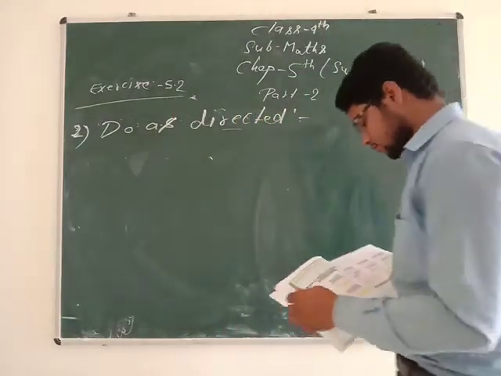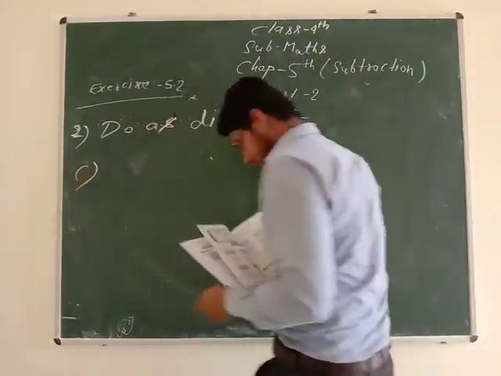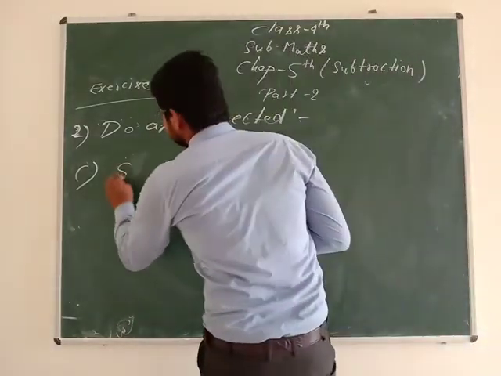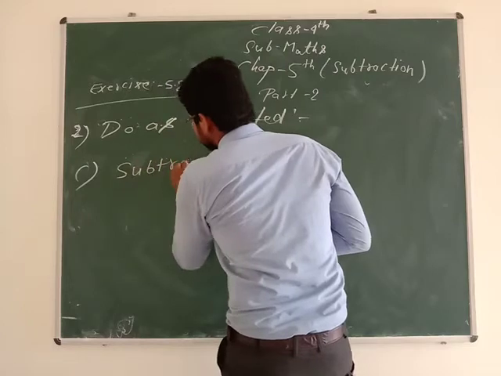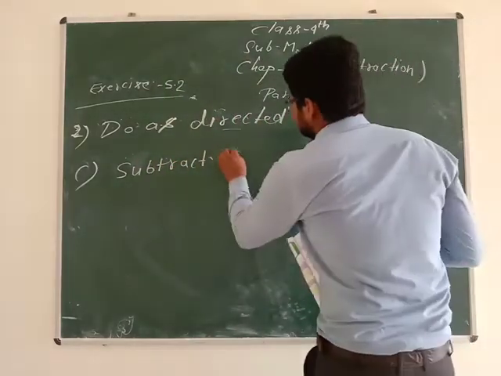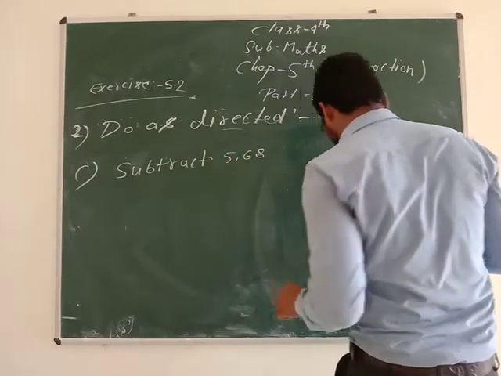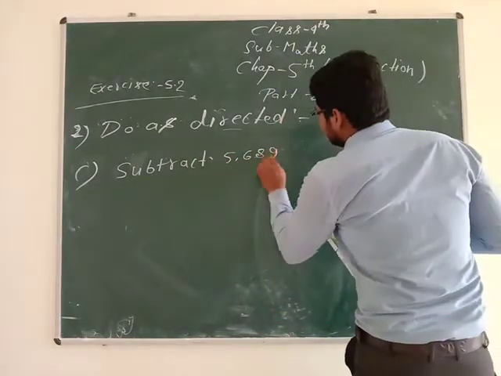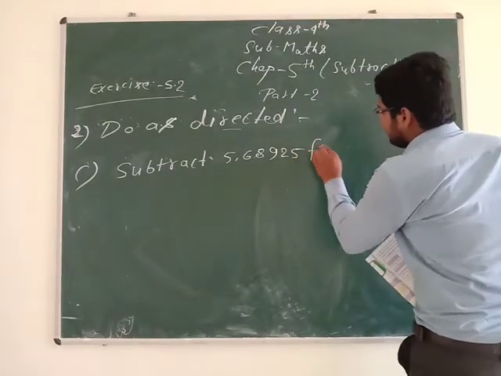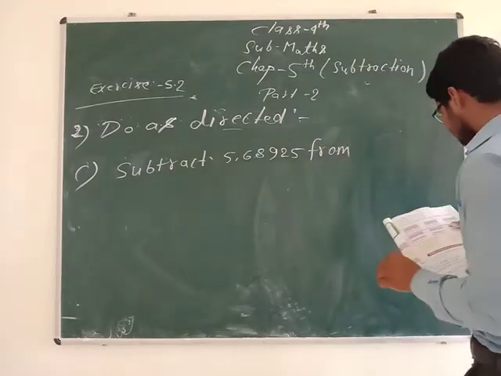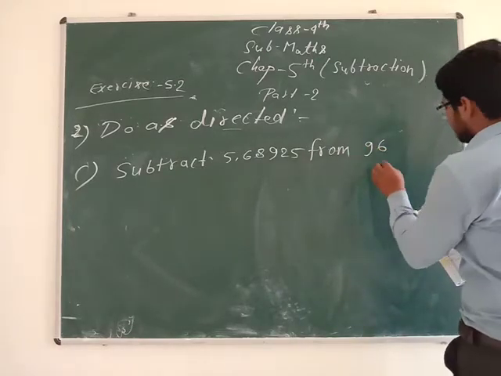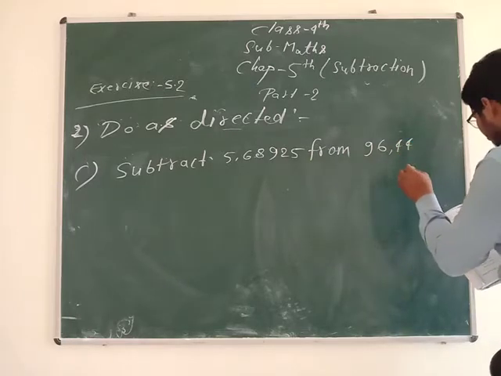Question number C is subtract 5,68,925 from 96,44,283.